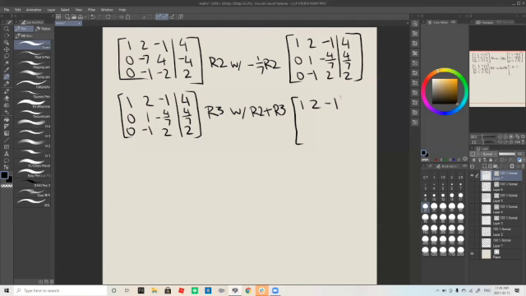Wait, why does it say "with"? Like, row 3 with row 2 plus row 3. What do you mean? I didn't understand. Why are we using this word "with"? I don't get it. It's fine.